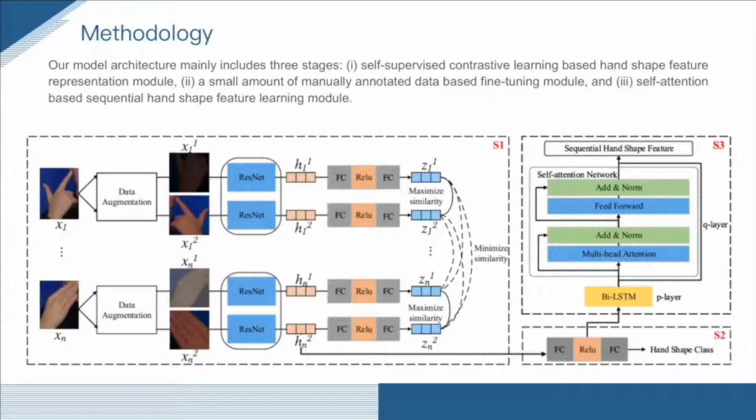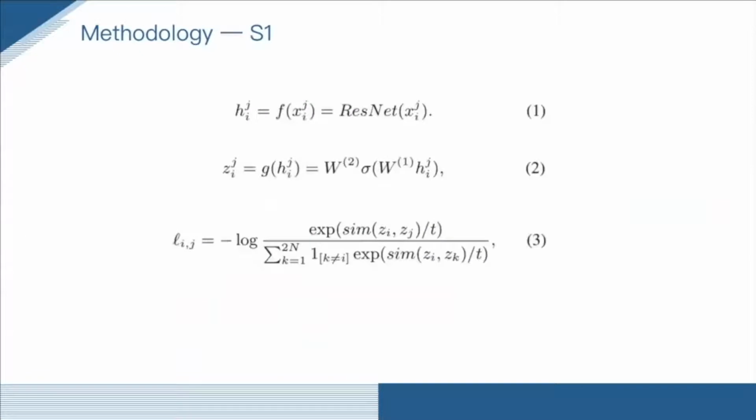Next, ResNet 18 is used as a basic encoder to extract the representation vectors. 2 nonlinear fully connected layers are used to map the feature representation to the space where contrastive loss can be applied. After that, a contrastive loss function is applied to calculate the loss of positive pairs.